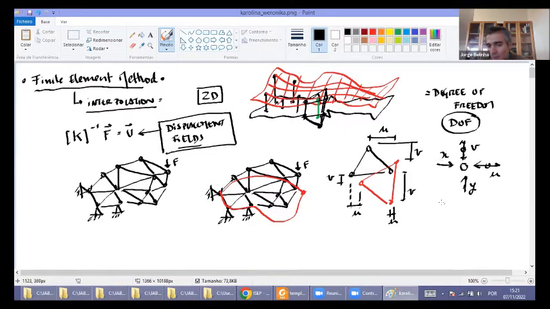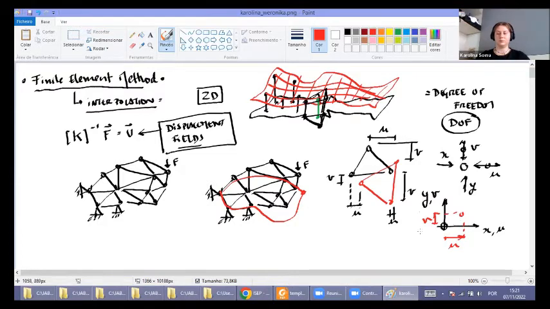So every time you do something in 2D, the x is linked to u and y is linked to v. A particle can move only on x and y. Every other position is a decomposition. For example, if it starts here, it will end here. And if you see, this position is a composition of v and u. So these are the 2 degrees of freedom that we have in the finite element method.